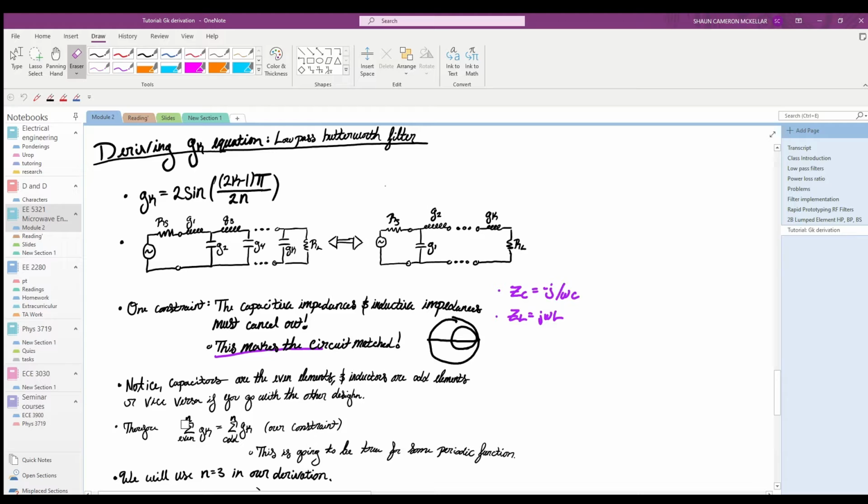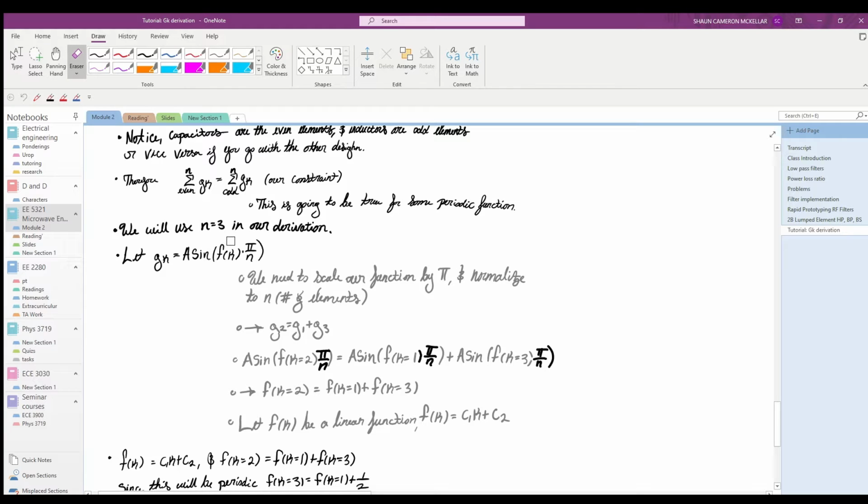Needless to say, we can write out mathematically that the sum over the even components of G sub k must be equal to the sum over the odd components of G sub k. So this is going to realize our constraint, and now we just need to find whatever this function G sub k will be for some periodic function.